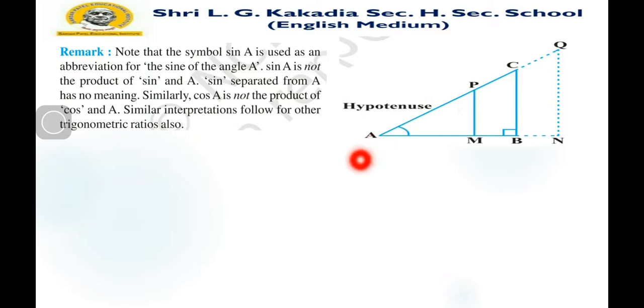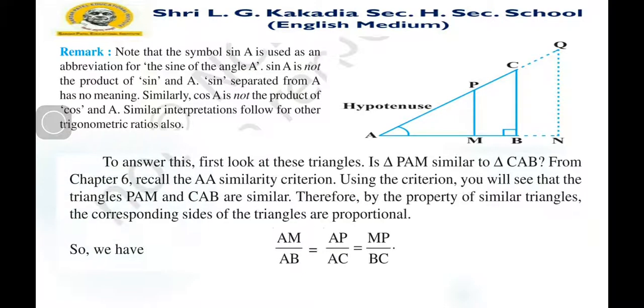Here you can see that we take sine A as PM upon AP, and sine A is BC upon AC. This means if the angle is the same and we take other sides, then the ratio will be the same.